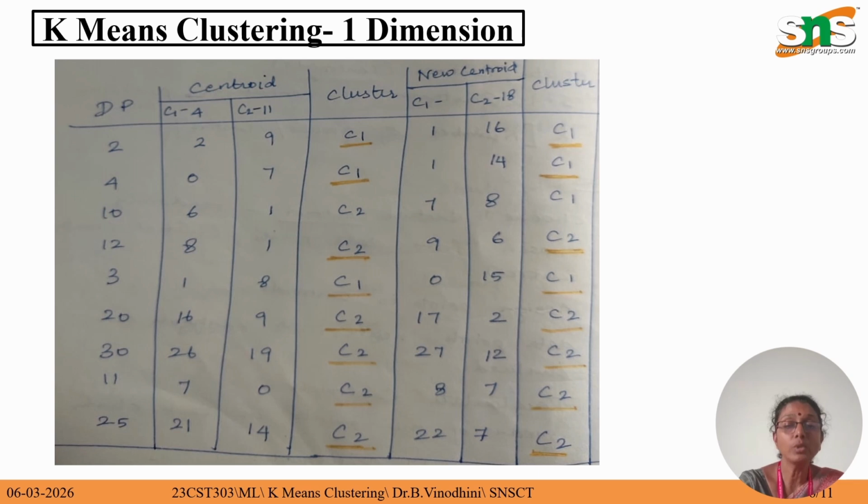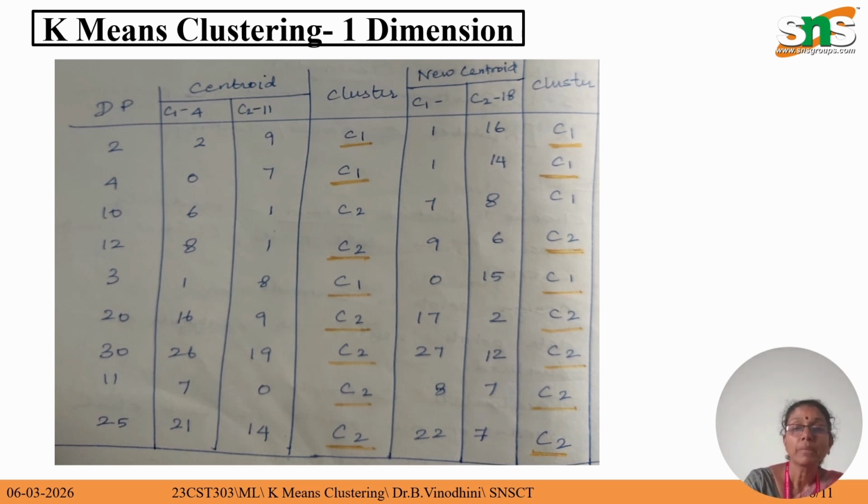After doing that, next we find the new centroid values using the clusters. For example, the data points 2, 4, 3 belong to cluster 1. The new centroid value of cluster 1 is the mean value of the cluster 1 data points, and the new centroid value of C2 is the mean value of the cluster 2 data points.